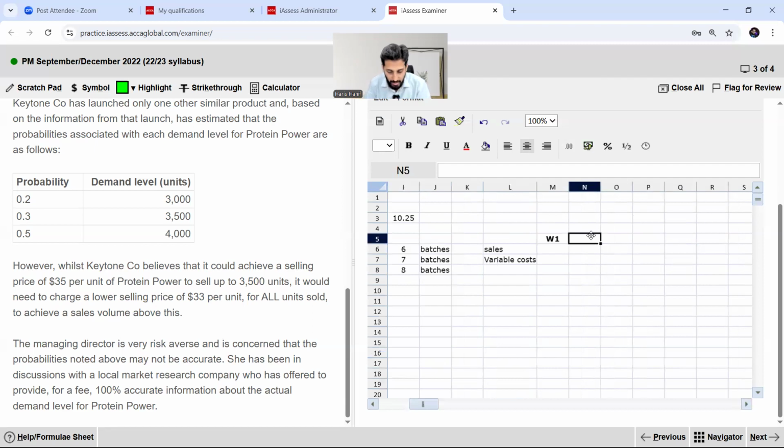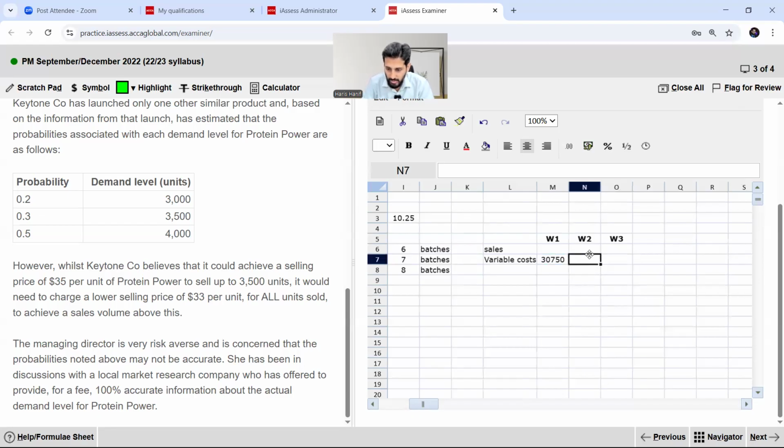So let's move on first. This is working 1, working 2 and working 3. So what is the variable cost? I will be producing 3000 units. So what is the production cost? It is equal to 3000 multiplied by the production cost of 10.25.